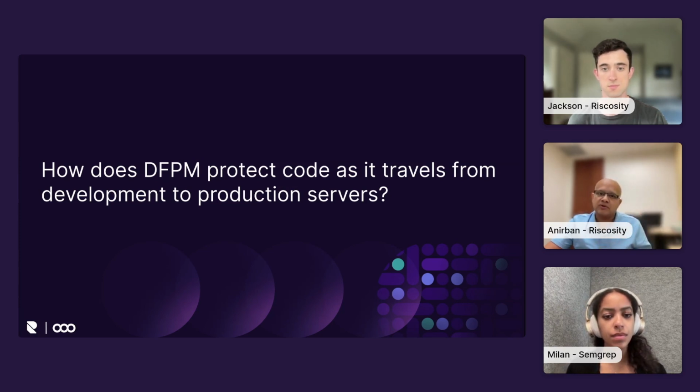Before the code goes to production, data flow posture management's job is to identify where are the starting points of any network-based connections that are being made in the code to transfer data. What data are you transferring? Who is it being sent to? Where is it being sent to?